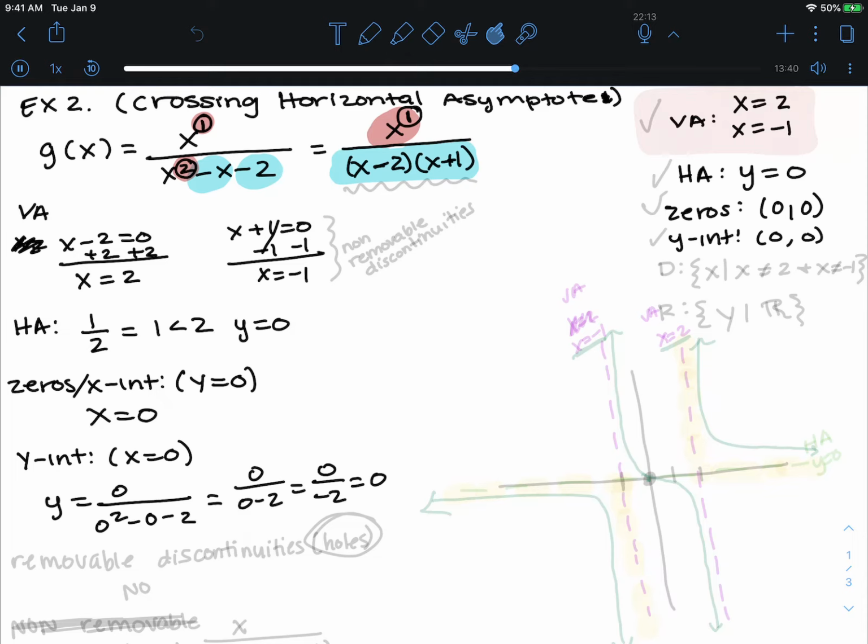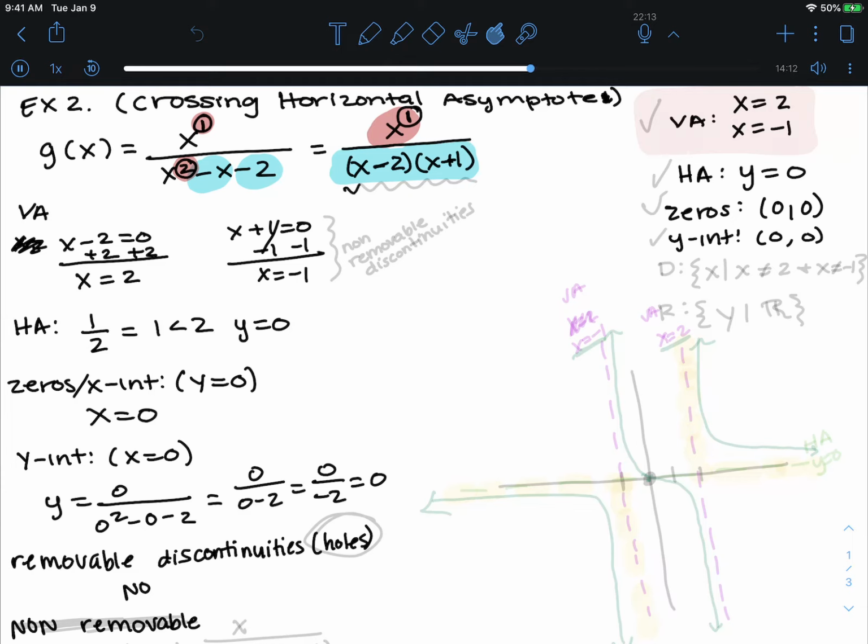Okay? Now here, are we going to have any removable discontinuities? No, because was I able to cancel anything out and get rid of it? No, right? So here, my removable discontinuities are none. Okay? And these are basically going to be talking about the holes, right? So in this situation, do we have any? No. Okay? Now, do I have non-removable discontinuities? Yes, I do, right? Because if you look at this, do I have something in my denominator?